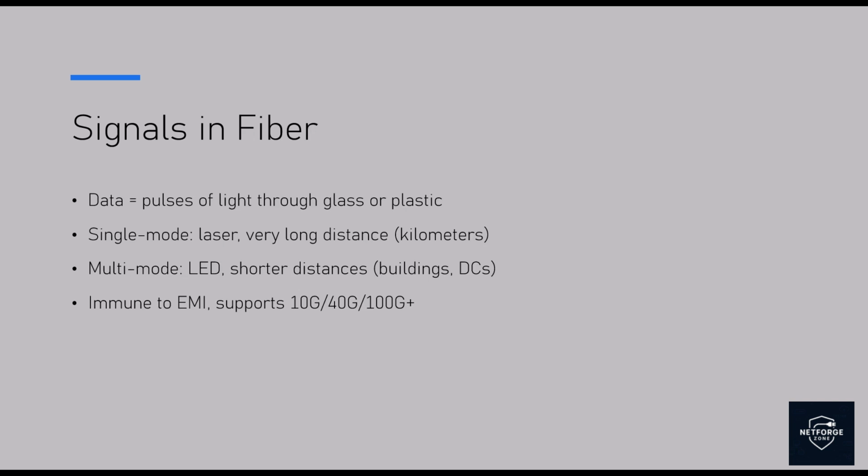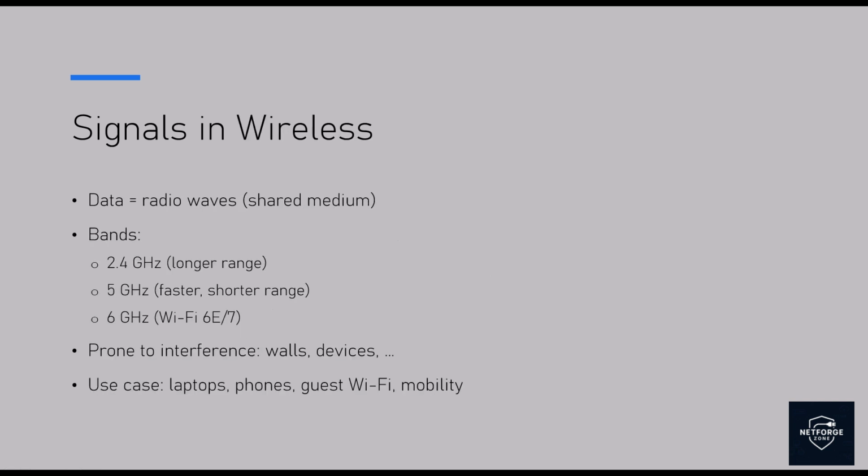They are used for AI, and AI workloads, of course, need that kind of speed inside your data center. So fiber is going to be the medium of choice when you want faster or longer transmissions.